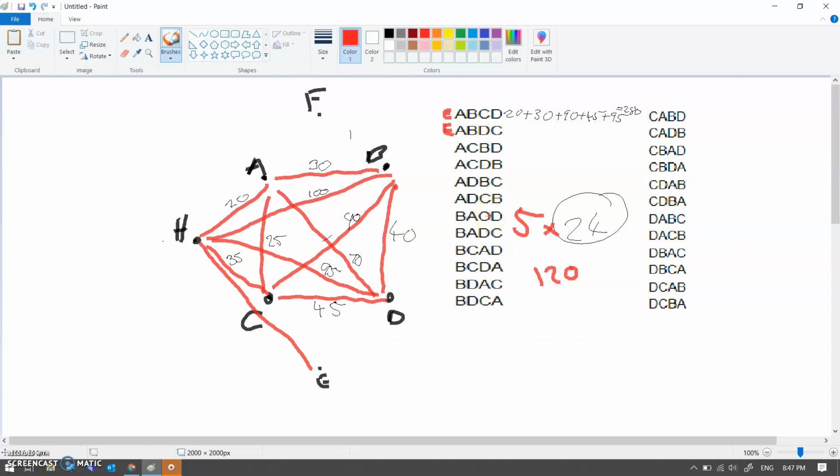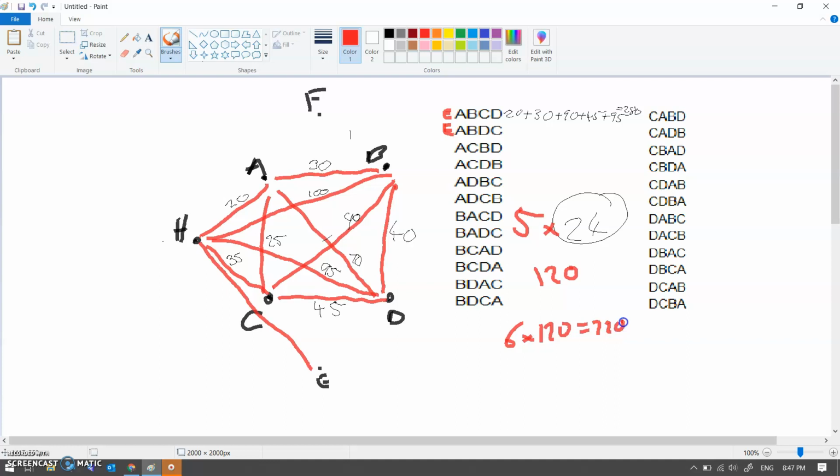We could start with F as the first place we go to, and then F is the second place we go to, etc. And it turns out that would be in 6 different places. So we've gone from 5 times 24 is 120, and then we do 6 times 120, which is 720, I think. Yeah, sounds about right, doesn't it?